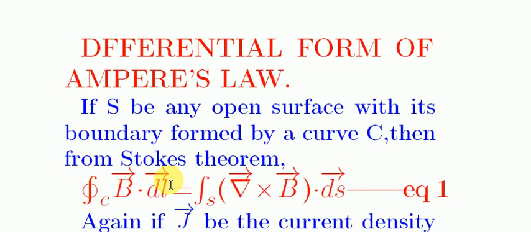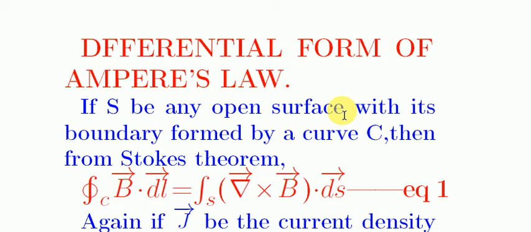Before discussing the differential form of Ampere's law, we first discuss what an open surface is. If you take a bowl, this is an example of an open surface, and any kind of open surface is bounded by a closed curve.